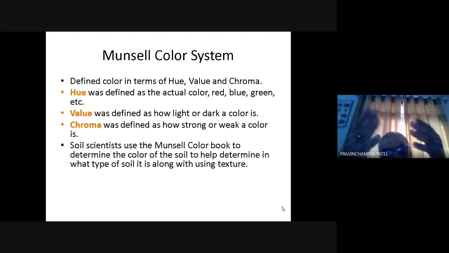Chroma is defined as how strong or weak a color is. So soil scientists use the Munsell color book to determine the color of the soil, to help determine what type of soil it is along with using the texture. So you have to remember the Munsell color system: hue, value and chroma.